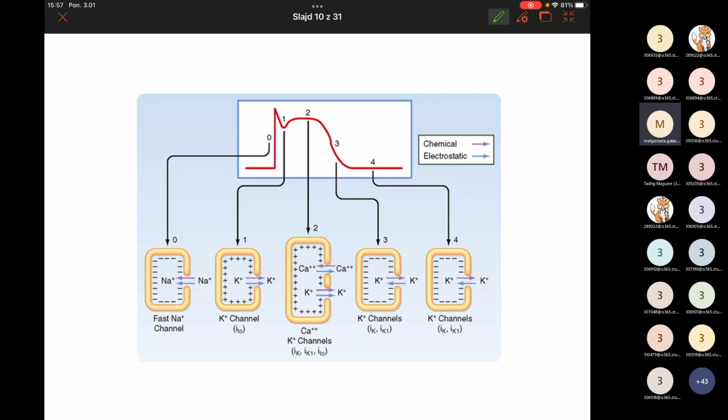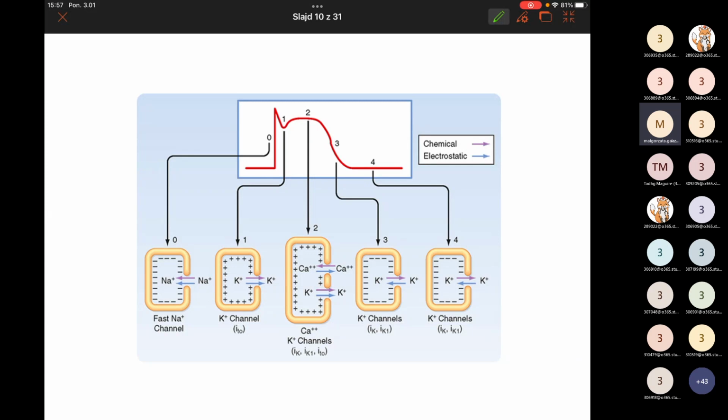On this graph, again, you can see the channels and the ion currents during the action potential of cardiomyocytes. Phase 0, fast depolarization due to sodium influx through the fast sodium channels. The opening of fast sodium channels is possible due to depolarization induced by the sodium or calcium current through the gap junction. Then the depolarization leads to the opening of TO potassium channels, TO1, TO2, which allows potassium outflux from the cell.